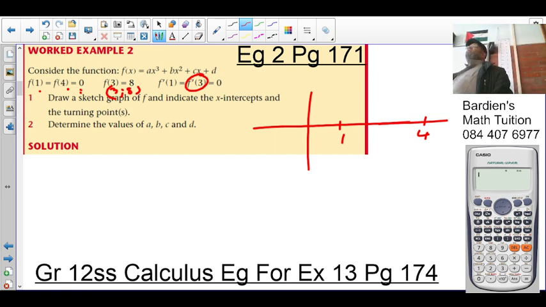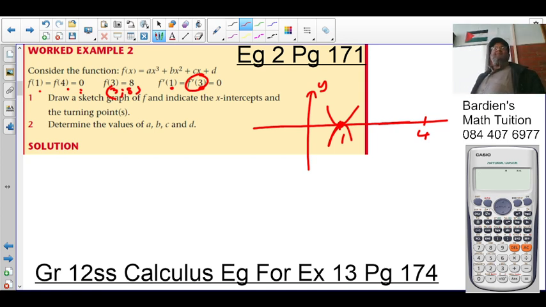When we work out our turning points. So the graph is turning at an x value of 1 and an x value of 3. So if you look at 1, what do I notice? 1 is on the axis. So if the turning point is on the axis, the graph is bouncing off the axis there.